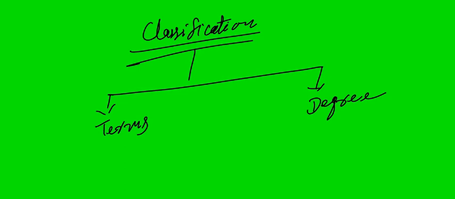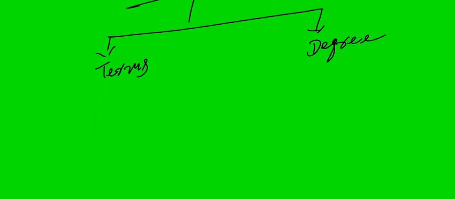When we talk about terms, we have all studied first term, second term, third term, fourth term, like this, and then after we will talk about the degree. So first we are going to talk about according to terms.